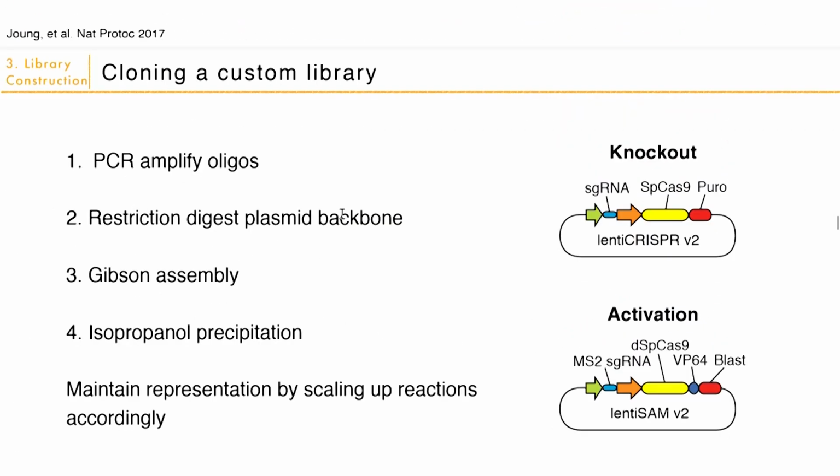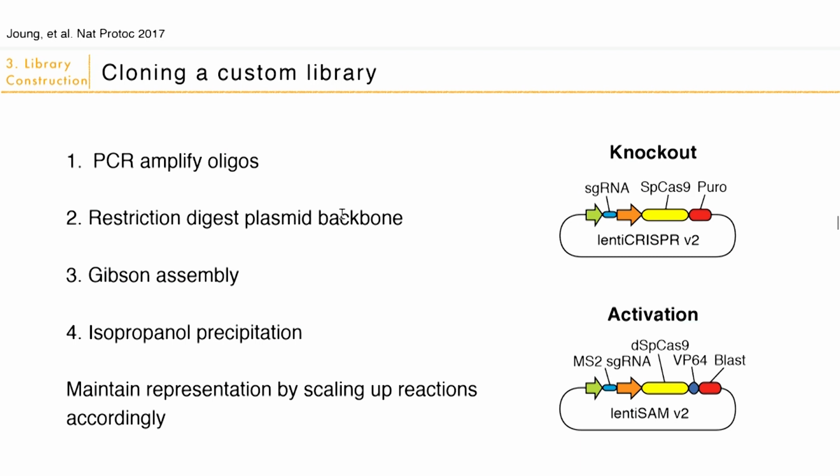So moving on, if you are starting out with a custom library, we provide detailed steps on how to scale up the cloning portion. But briefly, you would synthesize the oligo pool using, for example, Twist or custom array. And then you would PCR amplify these oligos. Then you would restriction digest your plasmid backbone of interest. And then Gibson in your library into the plasmid backbone.